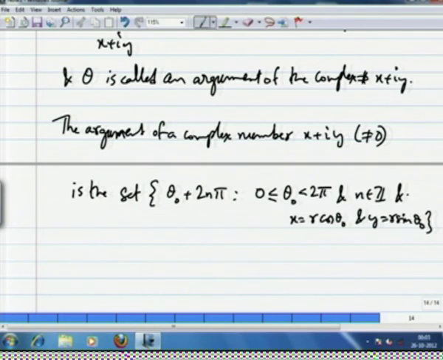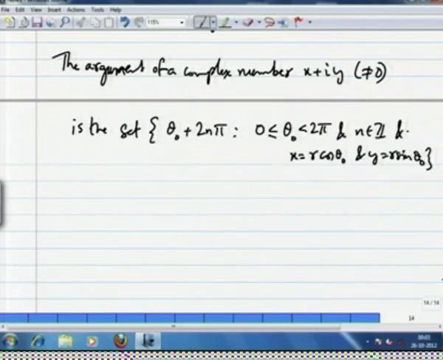Here r is unimportant for now, that we know is already the modulus of the complex number, but the set of all such theta naught plus 2 n pi will be called the argument of a complex number.